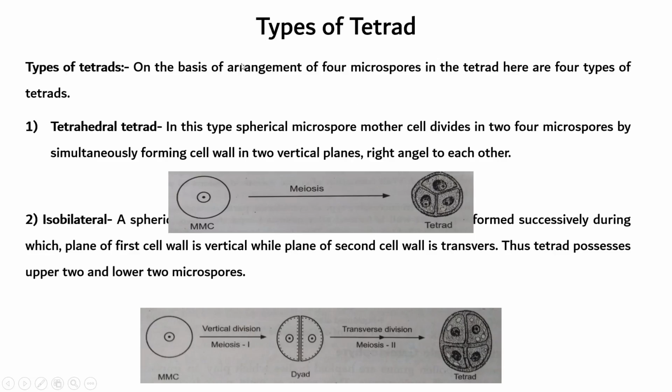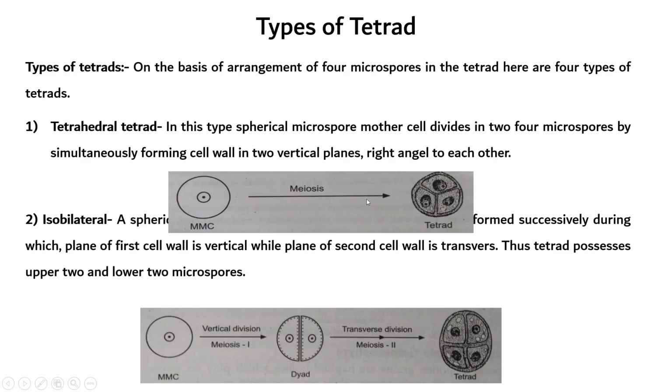Now after cytokinesis, let us see the arrangement of pollen grains, because several types of arrangements are there. On the basis of arrangement of the 4 microspores in the tetrad, there are different types of tetrad. First one, tetrahedral type.